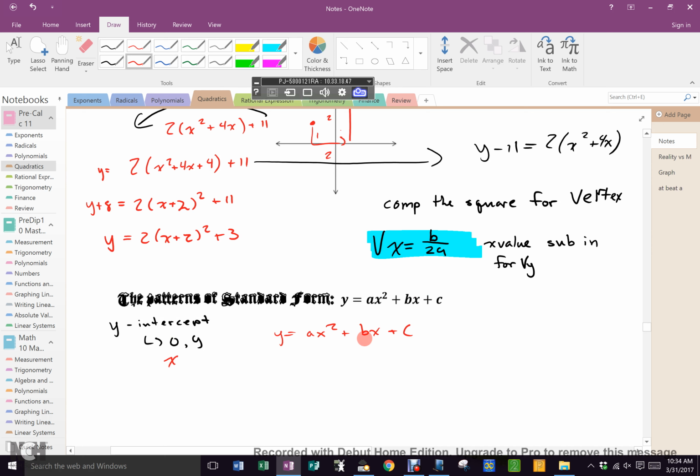On all the x's, which means y equals 0 plus 0 plus c. So what is my y-intercept? My y-intercept equals c. Is everybody cool with that? Yeah, which you already knew. But that's only in standard form. Everybody good there?